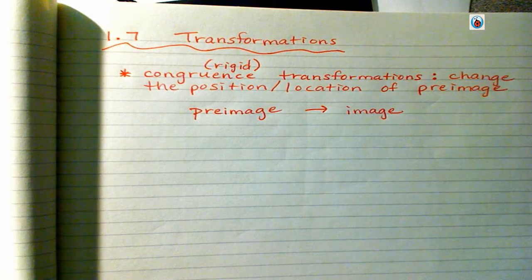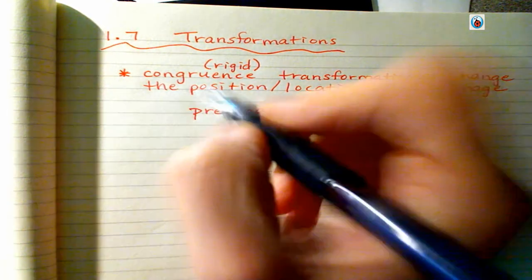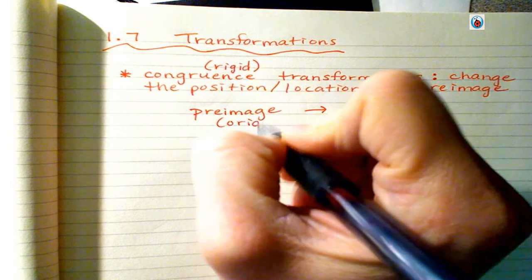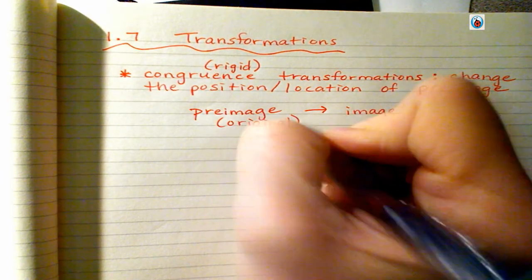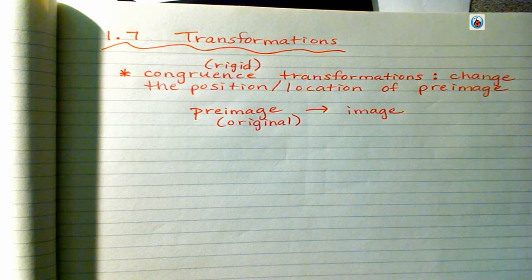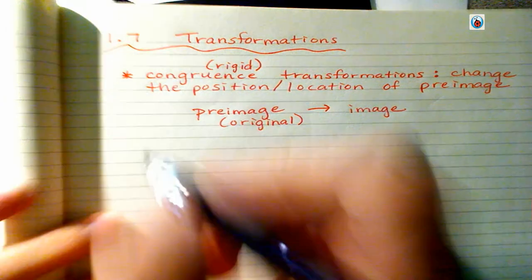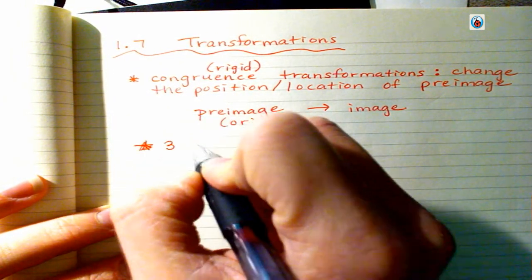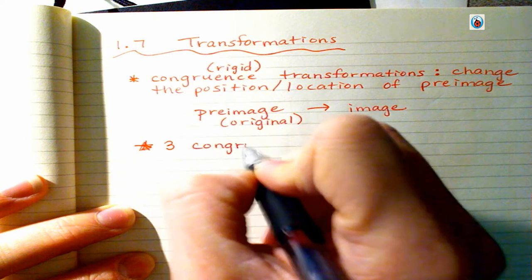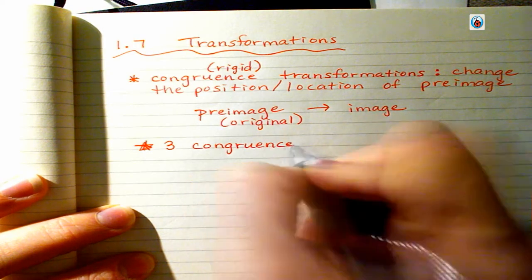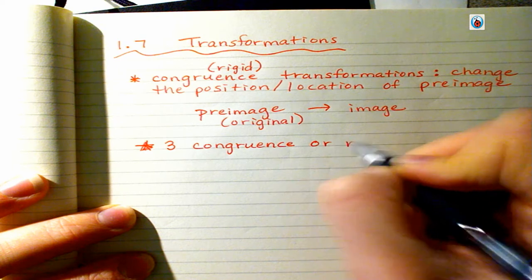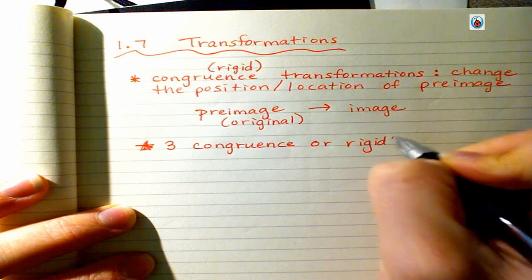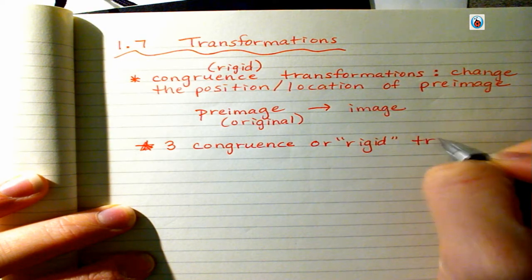We'll see an example of that in a minute. Your pre-image is your original polygon that you're going to see on your graph. And we're going to be focused on 3 types of congruence or rigid transformations.